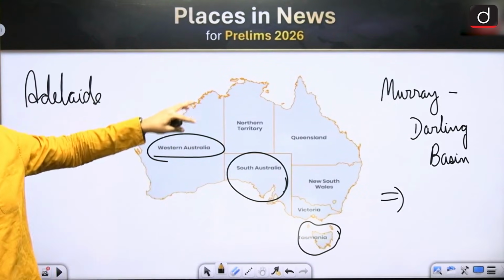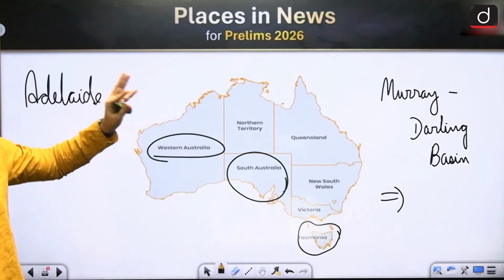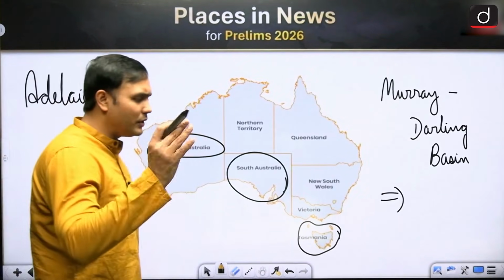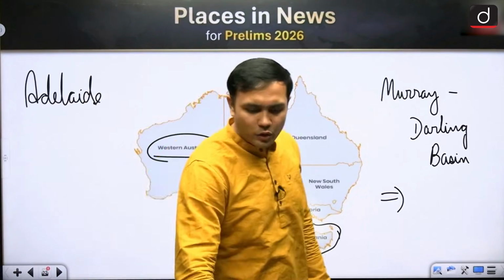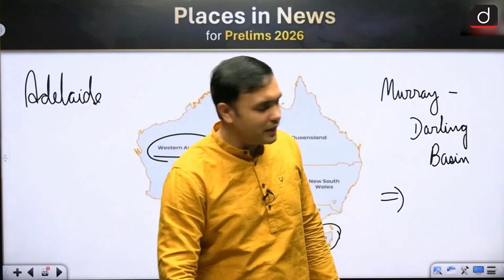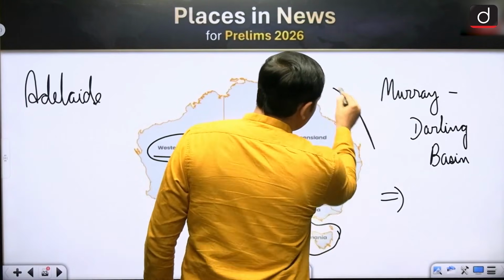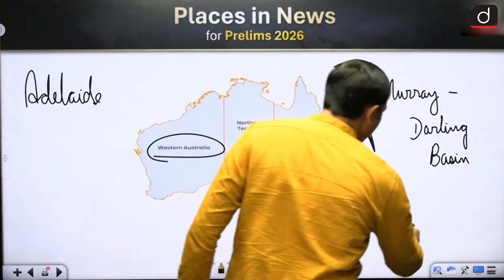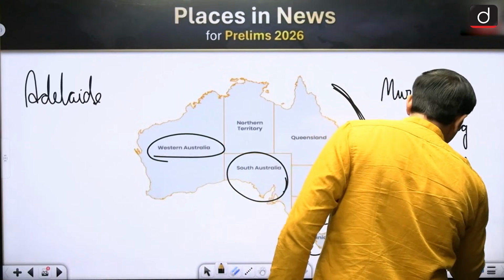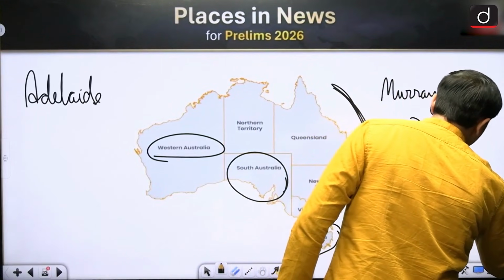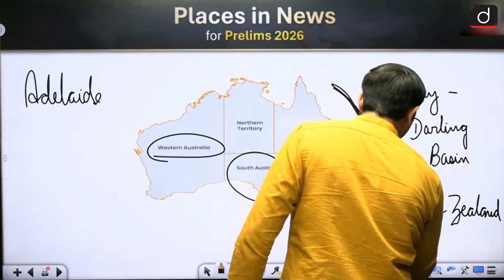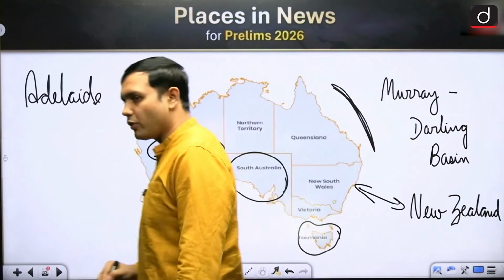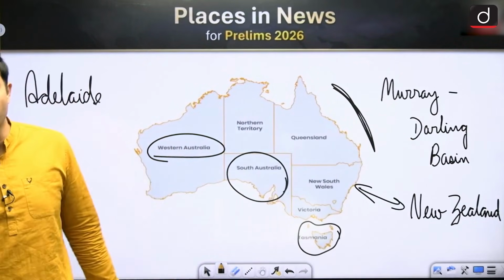These regions are very arid, the climate is very variable, they have a lot of drought conditions, right? In this particular region, you will of course find the Great Barrier Reef. New Zealand is quite a bit far away from the eastern coast of Australia.